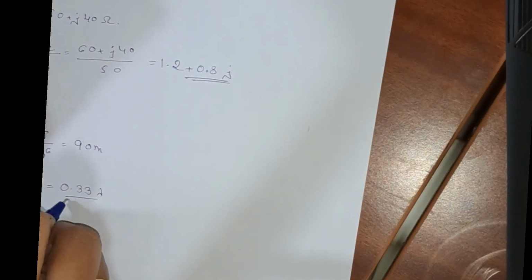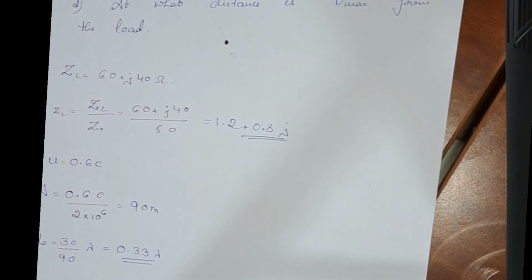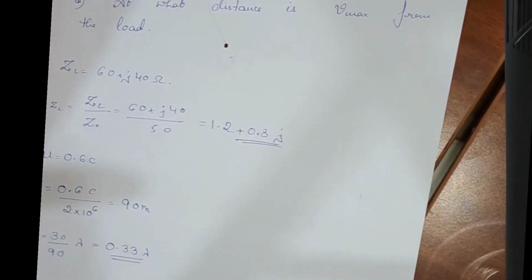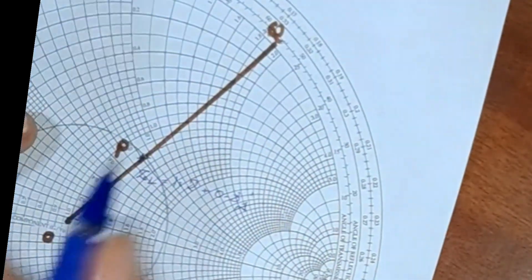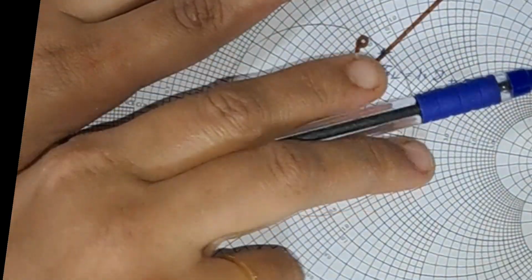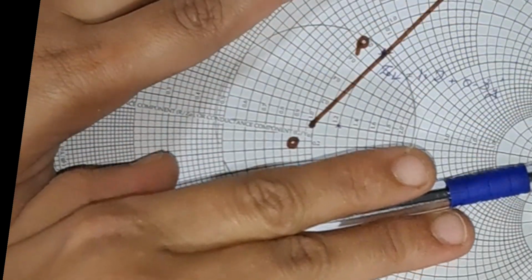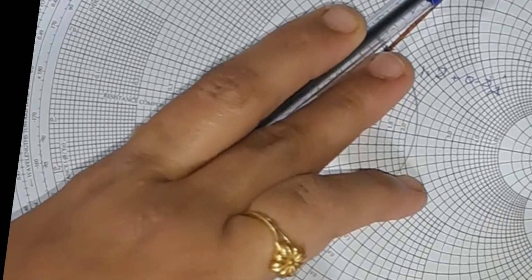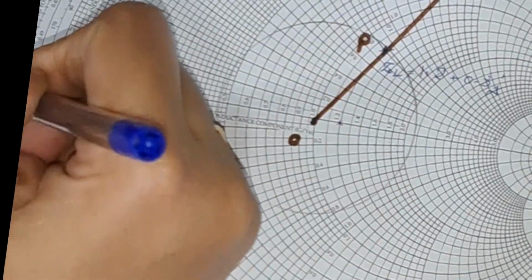I'll just keep it as 0.33 lambda. Now you have to find the input impedance. Where is this particular load impedance? I need to calculate from the load side, right?